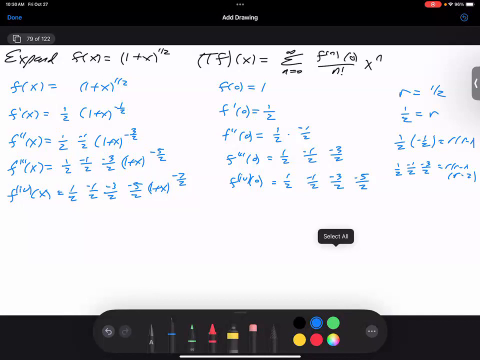It's looking a lot like that falling factorial from Newton when I'm writing it like this. This is why I don't want to put everything together. So if I have the fourth derivative, I have negative 1, negative 3, negative 5. What do you think the fifth derivative would be?